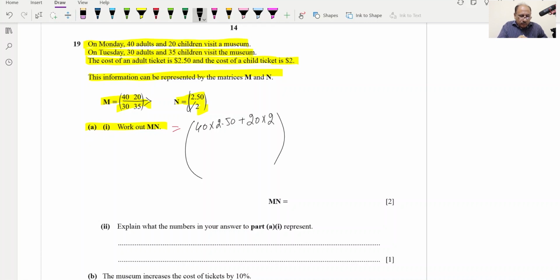And the second row will be multiplied by the column, so it will be 30 multiplied by 2.50 plus 35 multiplied by 2.